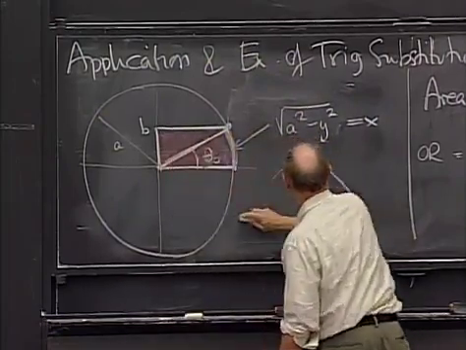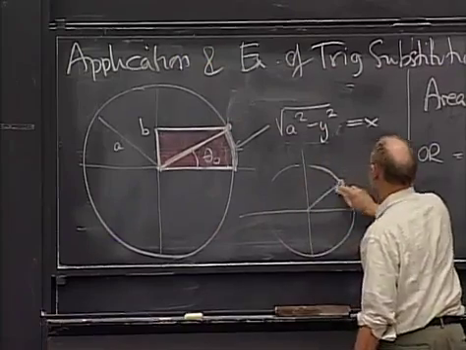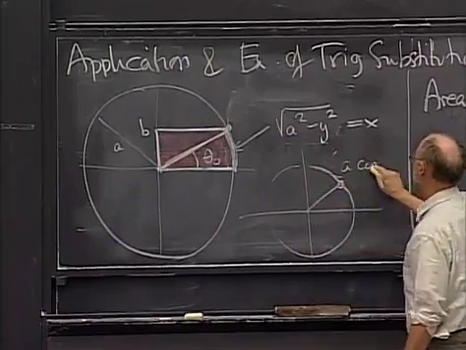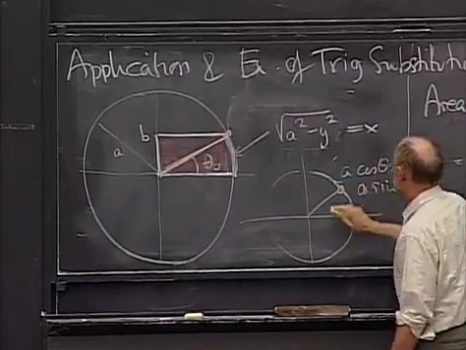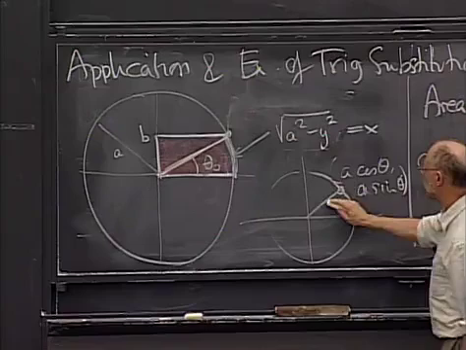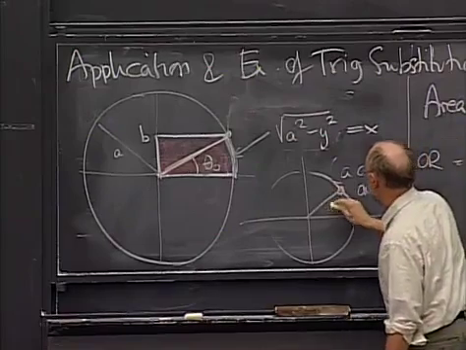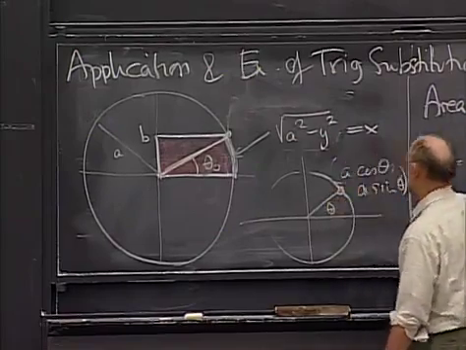And in general, you know that the coordinates of this point are a cosine theta, a sine theta, if the radius is a, and the angle here is theta.